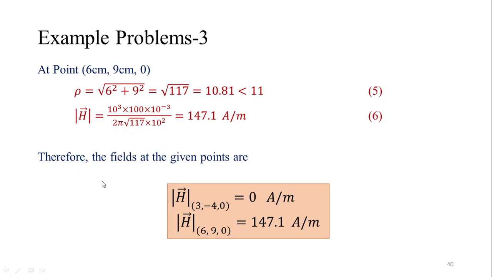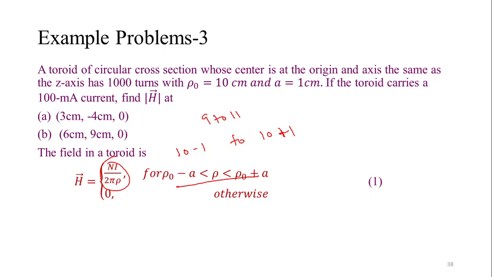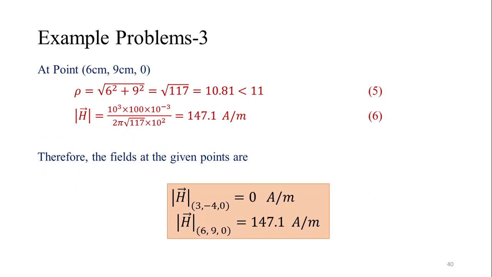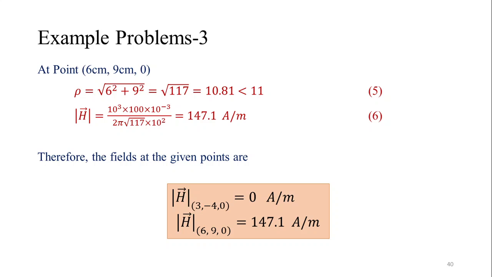And the second point, that is 6, 9. 6 square plus 9 square plus 0 square, the square root of 117, that is 10.81, which is less than 11. So you can apply the formula NI by 2 pi rho. N is 1000, I is 100 milliampere, that is 1 into 10 power minus 3, divided by 2 pi into rho, that is the square root of 117.